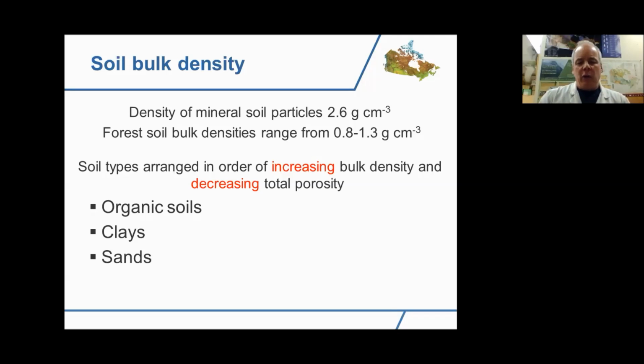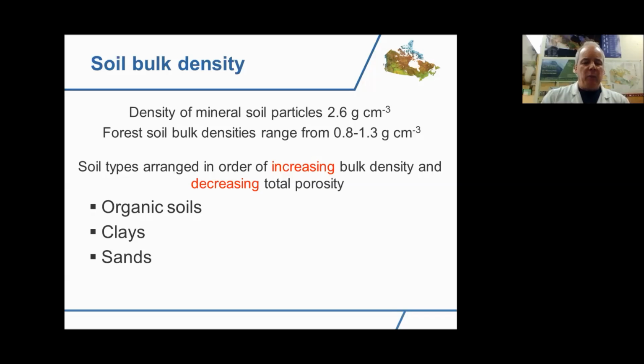So if we look at soil types arranged in the order of increasing bulk density and decreasing total porosity, what we find is organic soils have a high porosity and a low bulk density. Clays are intermediate, and sands have the highest bulk density and the lowest total porosity.